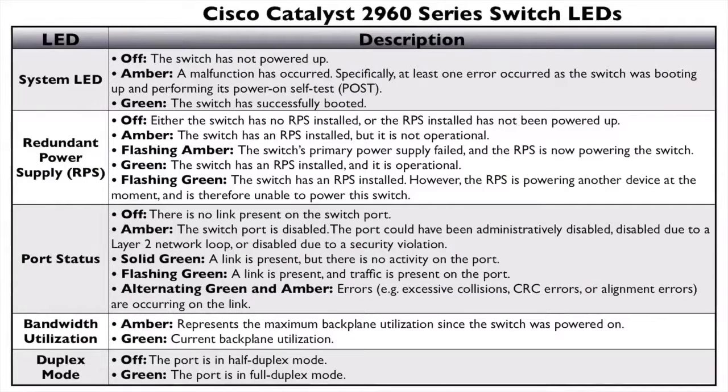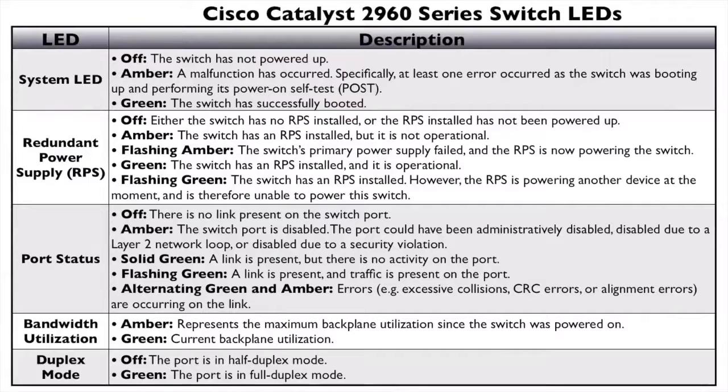Probably a fewer number of green lights will be on as compared to the number of amber lights, because the green lights, again starting at the left going to the right, imagine those green lights interconnected forming a bar in our histogram, that's showing us the current backplane utilization.